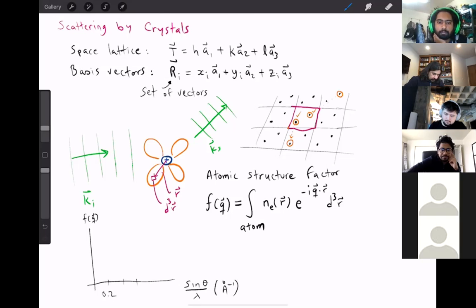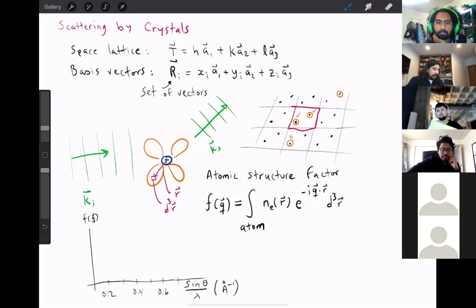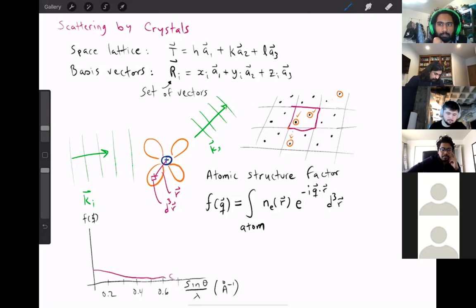So let's say 0.2, 0.4, 0.6, and it keeps going in this direction. And for each particular element, you could plot it. In this case, it looks like this for carbon. It looks like this for sodium.